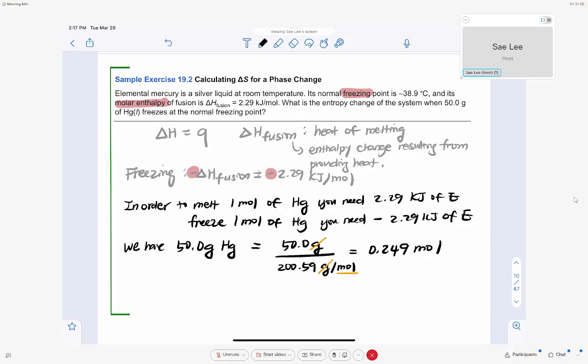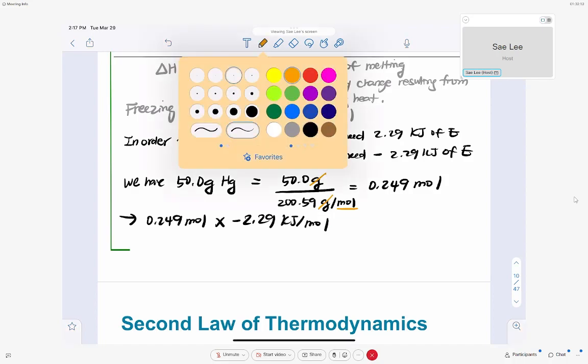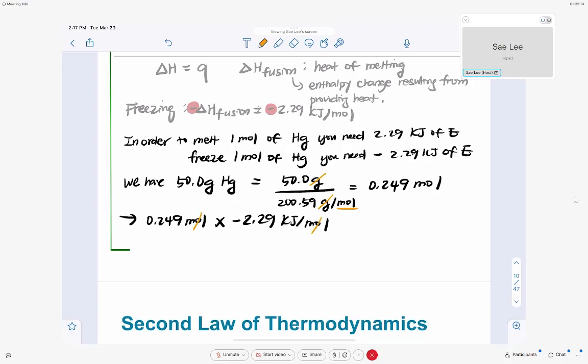So how much energy do you need to freeze it? You need to multiply 0.249 mole times negative 2.29 kilojoule per mole. Mole cancels, equals negative 0.570 kilojoule or negative 570 joule.